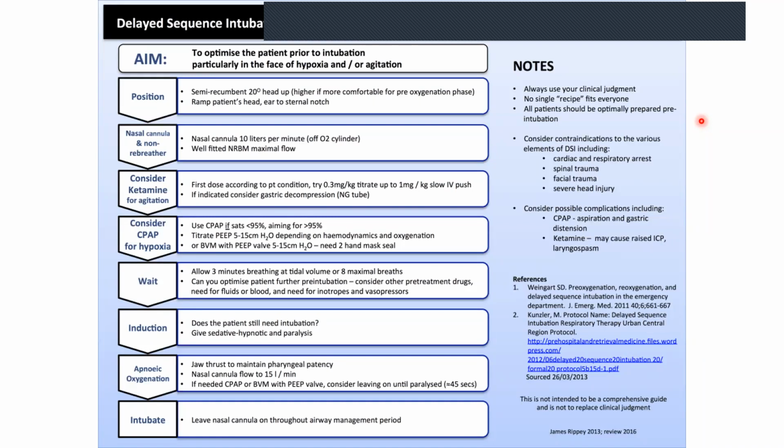So satu lagi, kalau you reassess, you dah bagi ketamin, okay, dia dah proper pre-oxygenation, yang ni still condition tak bagus. So yang tu you can consider continue your next step lah, yang bawah tu bagi your induction tanpa paralytic untuk intubation. So basically it's just a procedure untuk your pre-oxygenation, bagi ketamin.